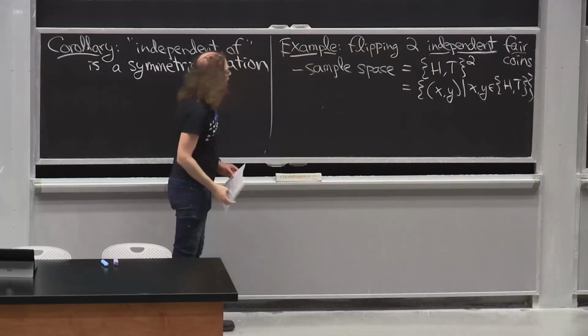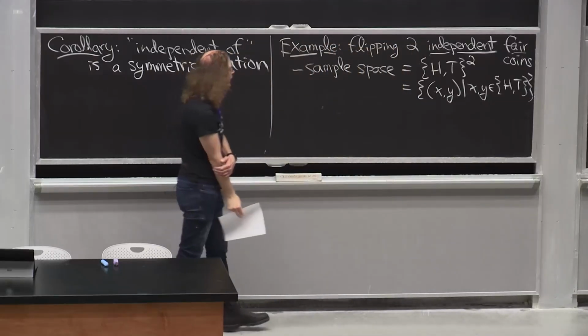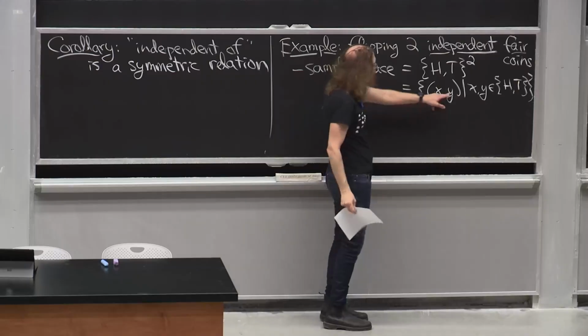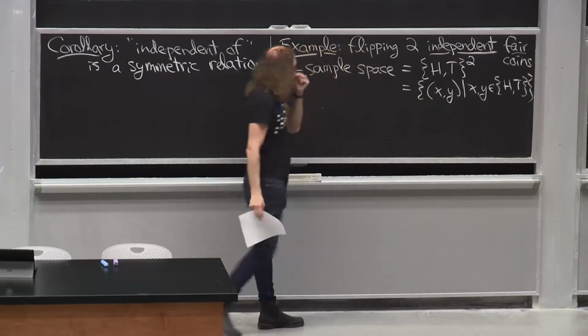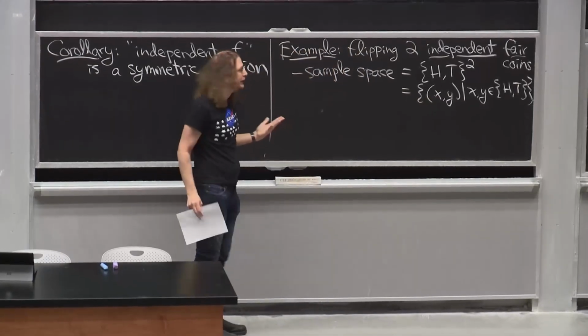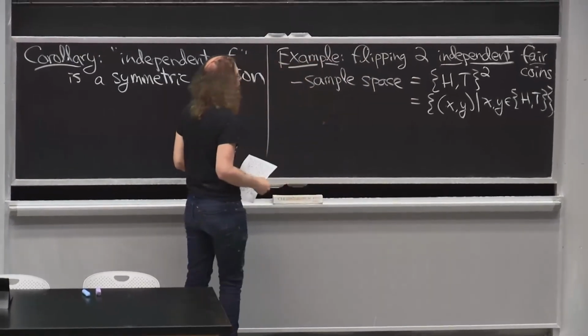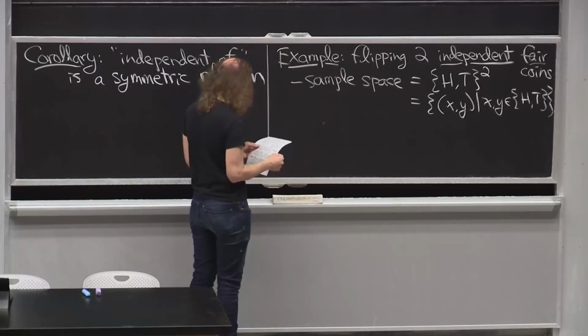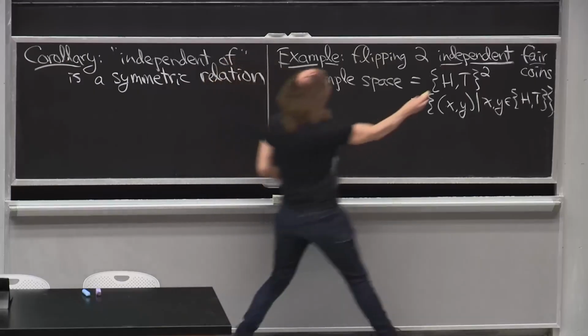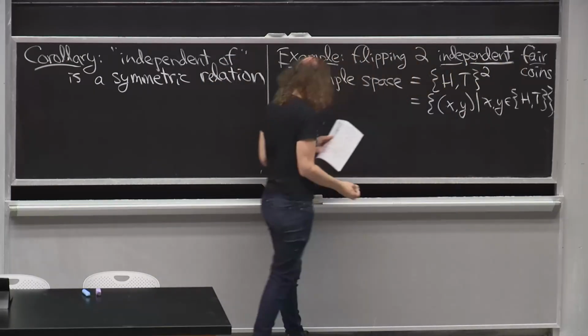Just like the cross product of two of them. And so there's the first coin and the second coin. This is an ordered pair. And they're each equally likely. The assumption that they're independent tells us all of these outcomes are equally likely. Or the assumption that they're independent and fair makes them all equally likely, I guess.